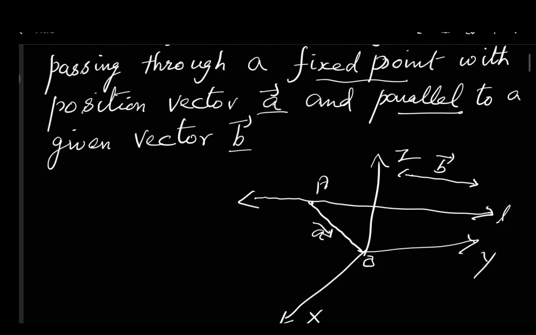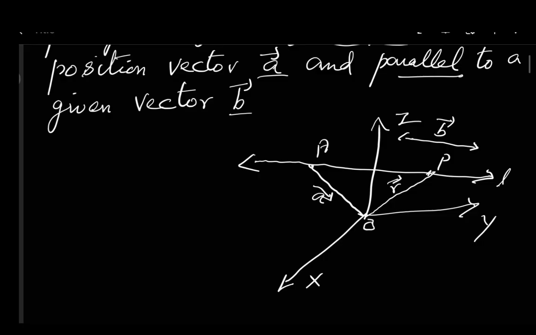I am going to find the vector equation of this straight line. So take an arbitrary point P on this line, whose position vector we mark as vector R. So A is a point, P is an arbitrary point.